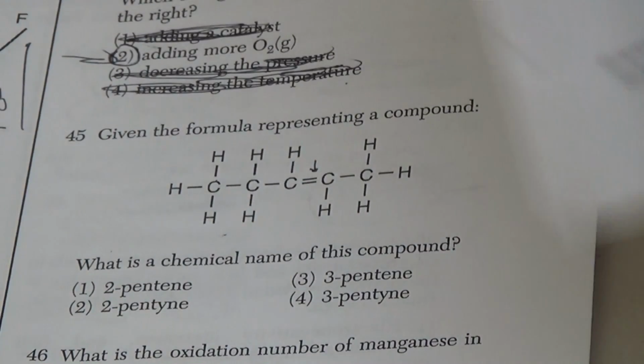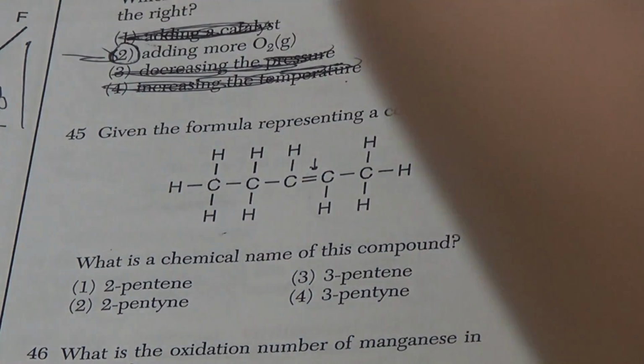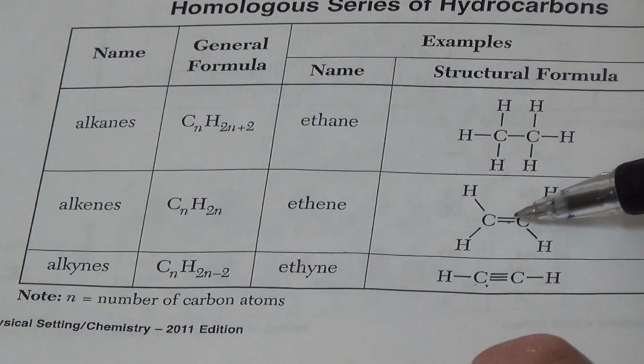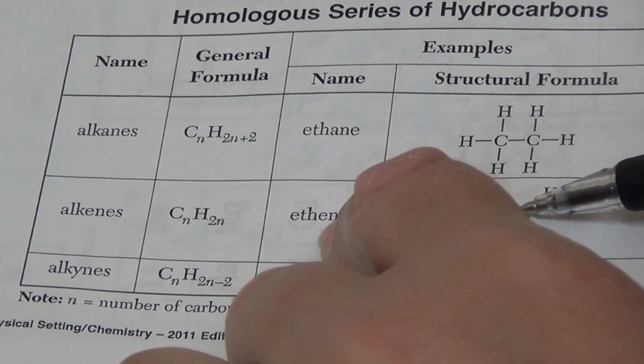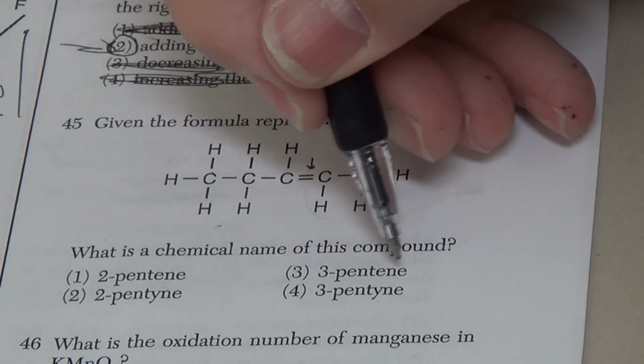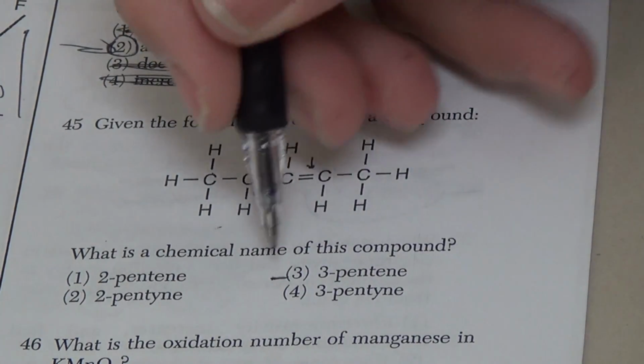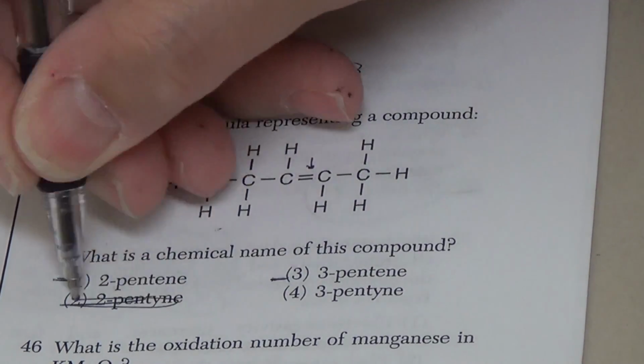A double bond between carbons in a hydrocarbon makes it an alkene, which means the ending will be -ene. So it's either 3-pentene or 2-pentene.